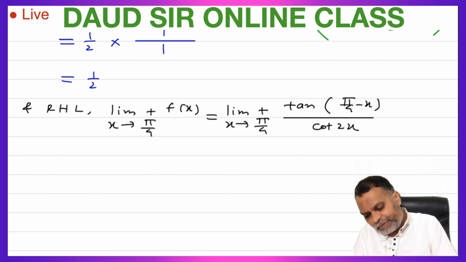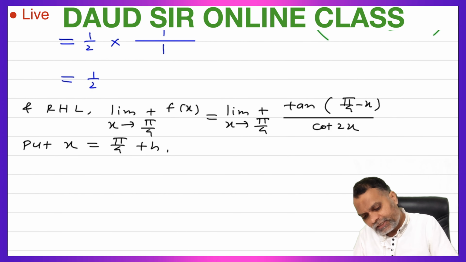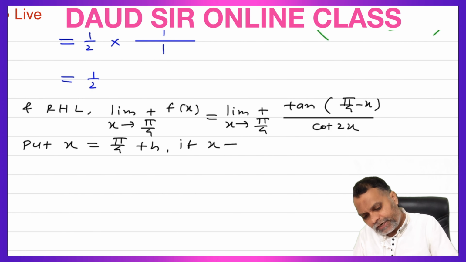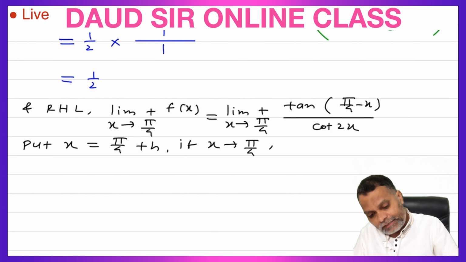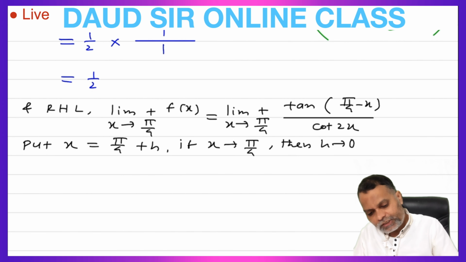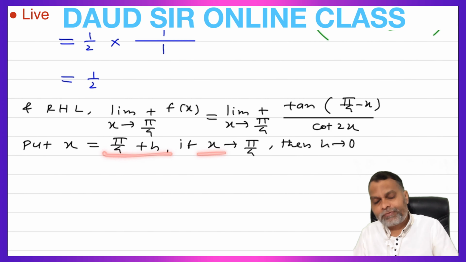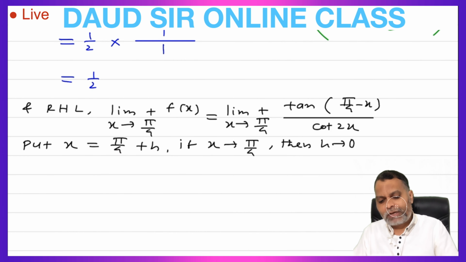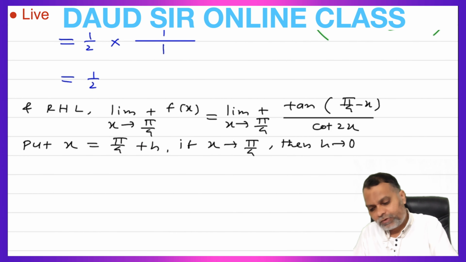So for the right hand limit we have to put x is equal to pi by 4 plus h. If x tends to pi by 4, then h tends to 0. How? Put pi by 4 plus h tends to pi by 4, pi by 4, pi by 4 cancelled, h tends to 0.